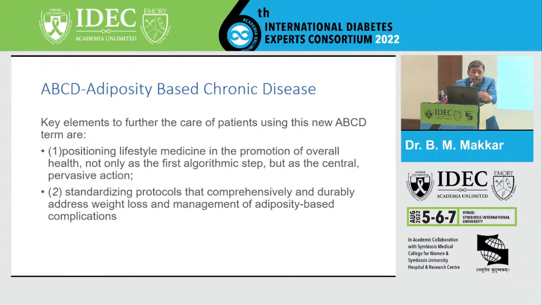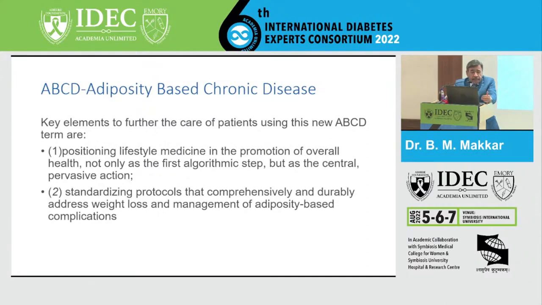Third, it also gives you an approach to patient care through contextualization, that is, who needs primordial prevention, who needs primary prevention, who needs secondary prevention. And it is also giving you a system of developing evidence-based strategies for successful implementation, monitoring, and optimization of care of patients who have adiposity and its associated risk or complication.